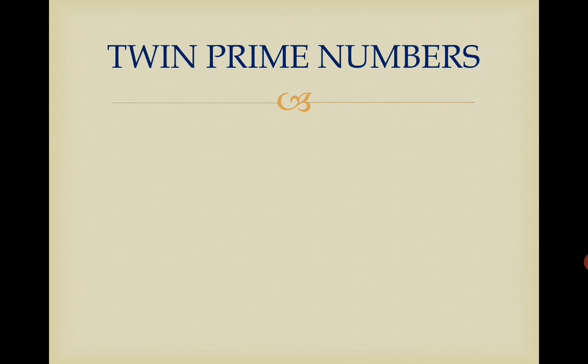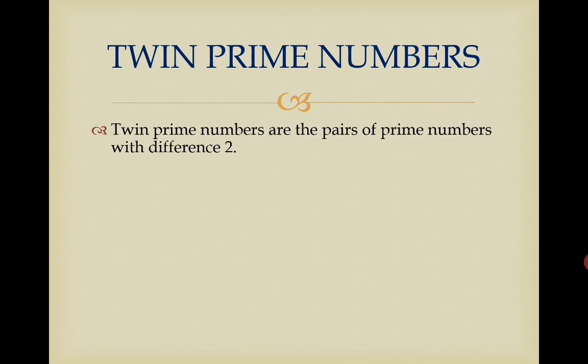Twin prime numbers. Twin prime numbers are a pair of prime numbers with a difference of 2. Let's understand this also with an example. The first example is 3 and 5. Here both the numbers in the bracket have to be prime numbers.